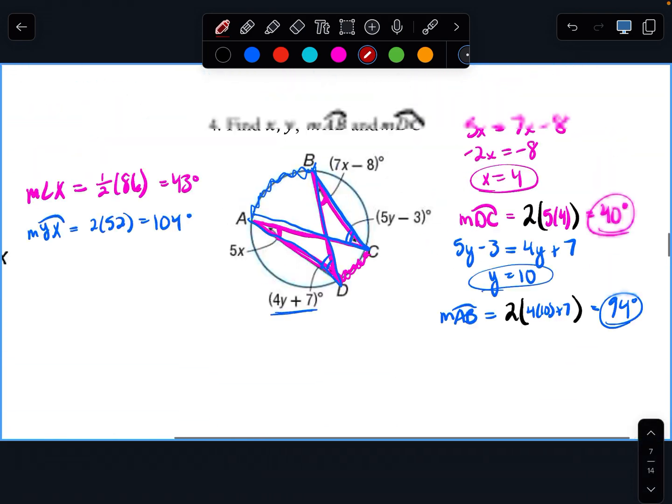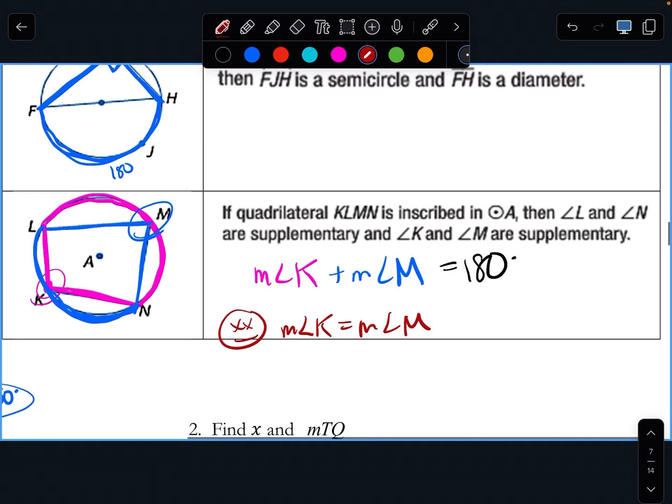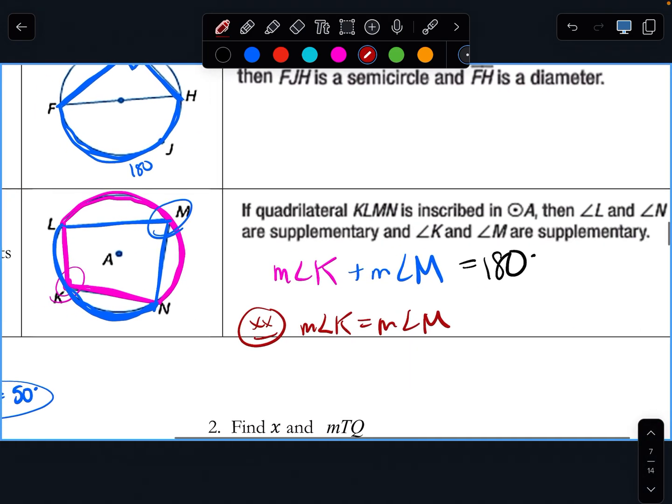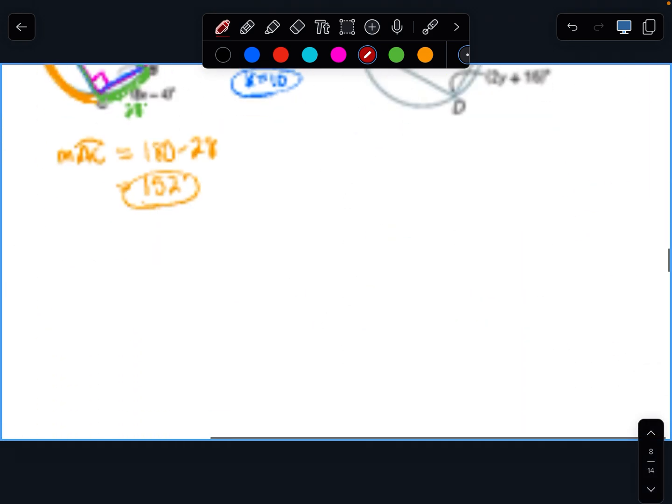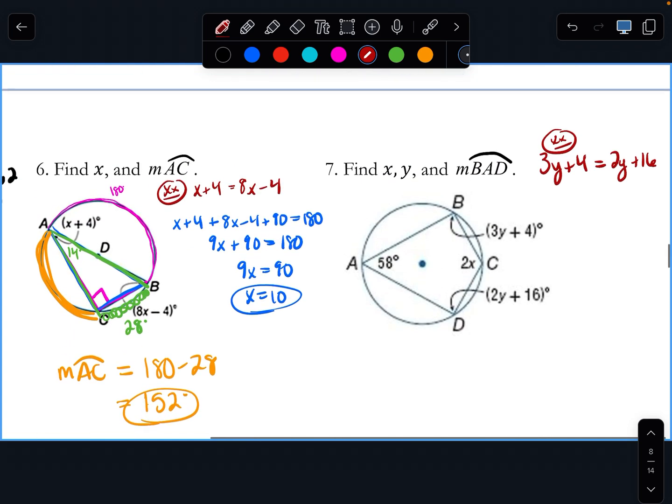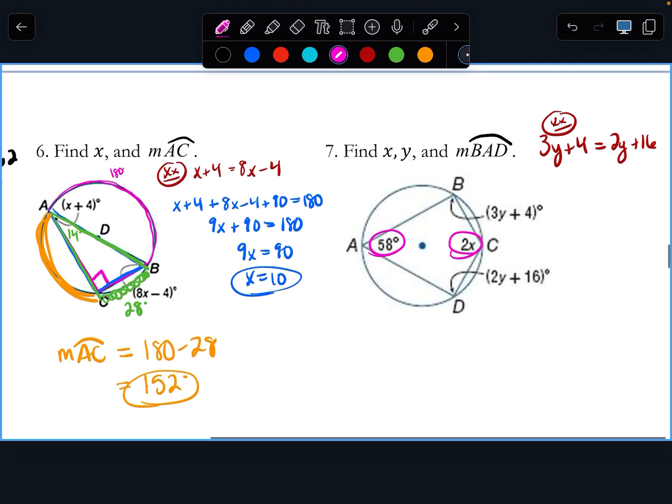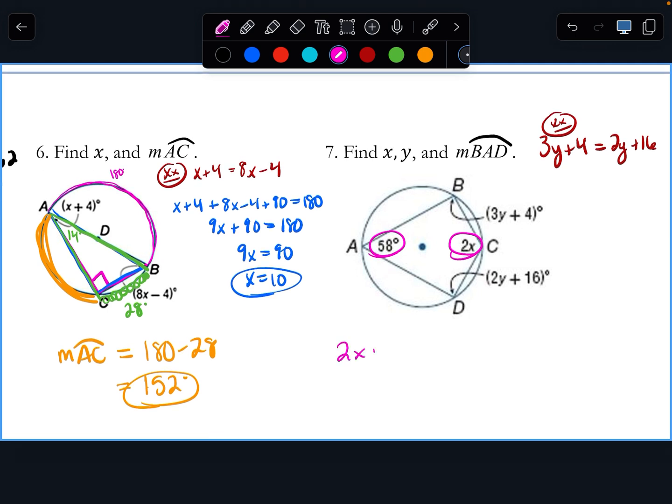This is the one where they're supplementary. See, I did the death again. The angles across from each other on an inscribed quadrilateral are supplementary. So to find x, these two add up to 180.